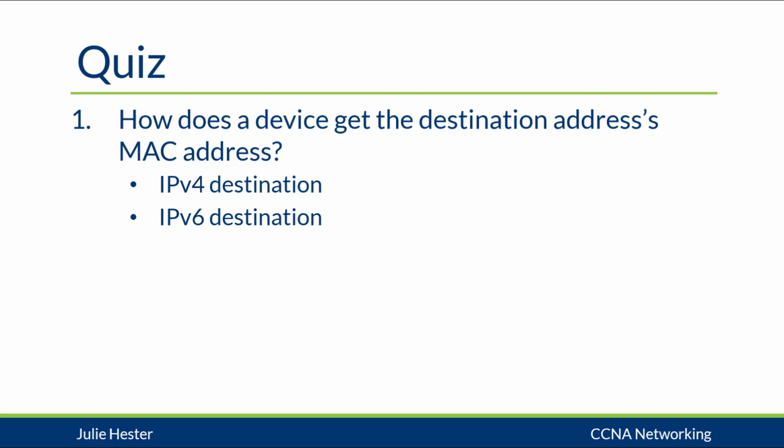Now let's review what we discussed in this video. How does a device get the destination address's MAC address? For IPv4, ARP, or Address Resolution Protocol, is used. For IPv6, Neighbor Discovery, or ND, is used.